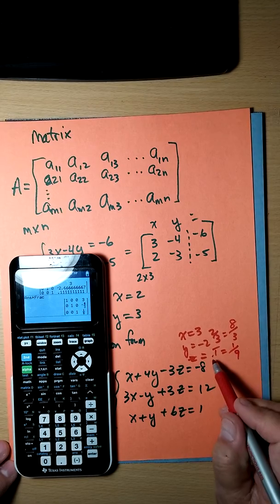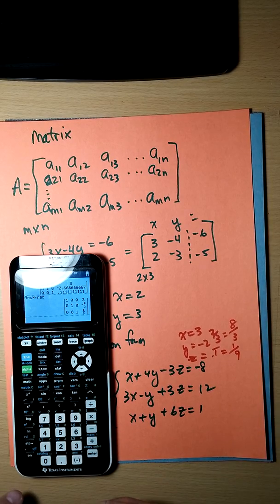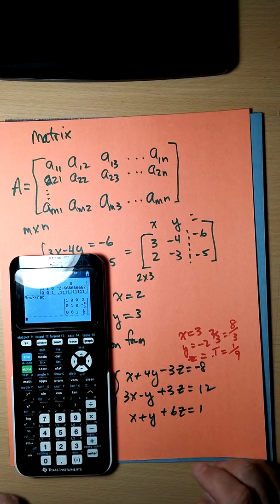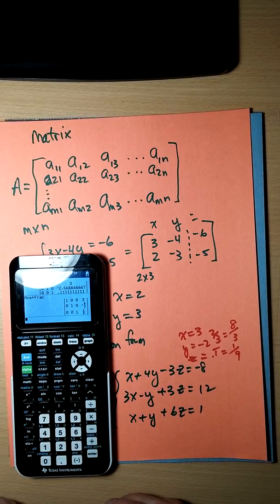Have to remember that. 0.1 repeating is 1/9. So you can do this up to, and I've done it once, 99 variables, at least. And maybe this just worries about the memory and doesn't worry about the other stuff.